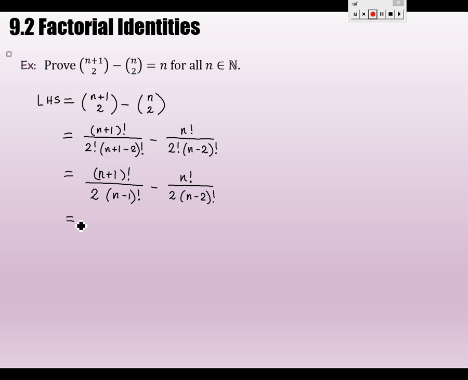You cancel it out of the denominator. Over here, do the same thing with n minus 2 factorial and n. Expand n factorial out into its definition. What do you get? n squared plus n over 2. Subtract n squared plus n over 2 from that, giving you 2n over 2, because the n squared canceled out. 2n over 2 is the equivalent of n. QED.